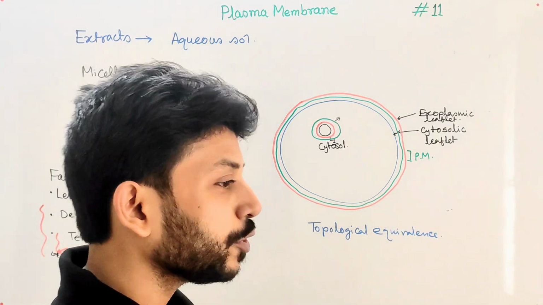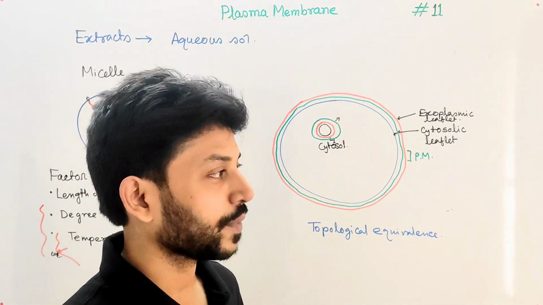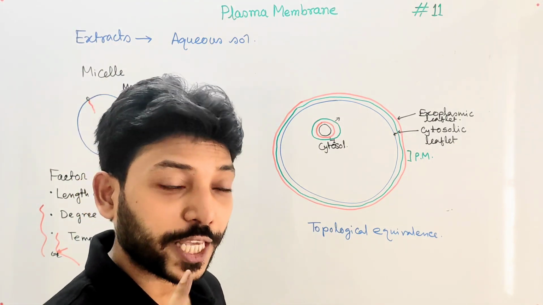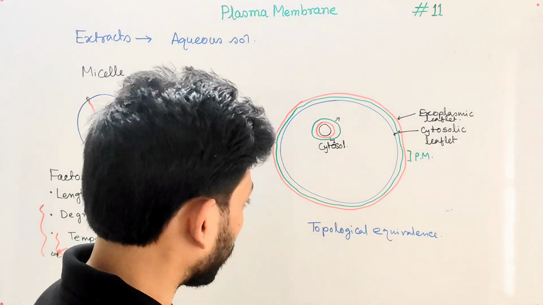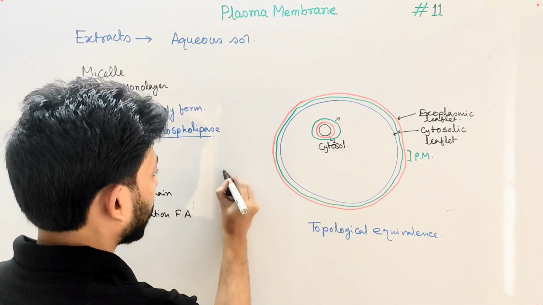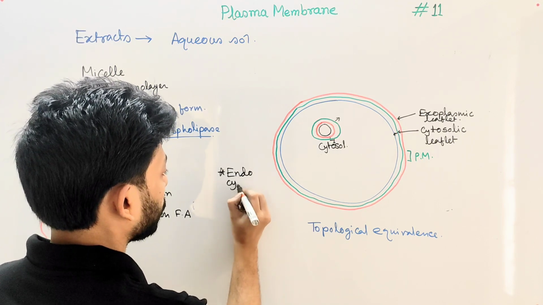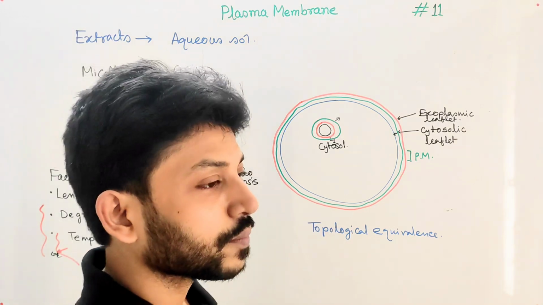Now, how do we know, or how could we actually explain this fact? It can be easily explained with the help of a process performed by the cell called endocytosis. So I can explain this with the help of endocytosis. What happens when endocytosis occurs?